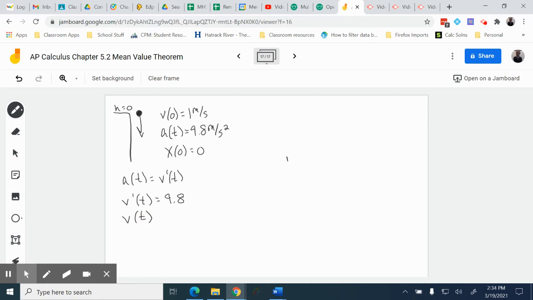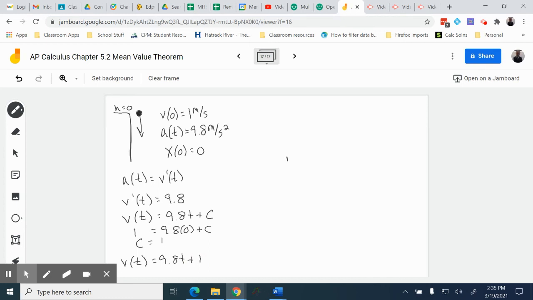Velocity is an antiderivative, so when we work backwards, we discover that the velocity is 9.8 t plus the constant. Notice the difference now, though, is that we've got 9.8 times 0 plus that constant. The constant is equal to 1, and the equation of velocity is 9.8 t plus 1.